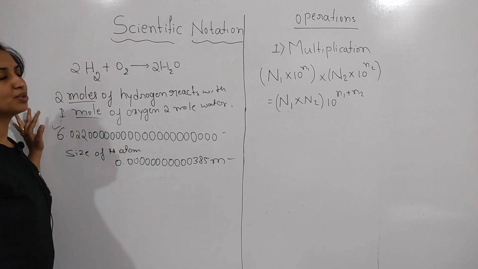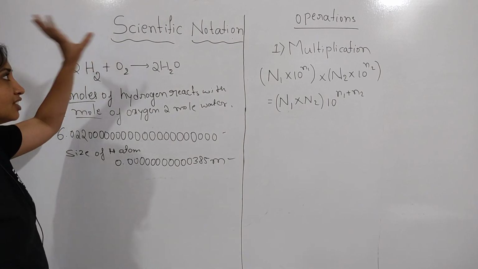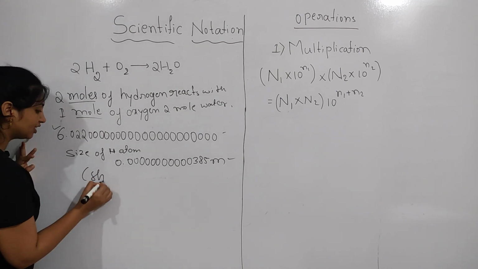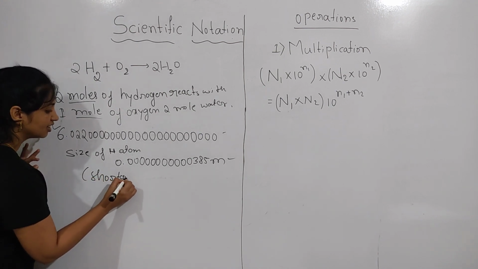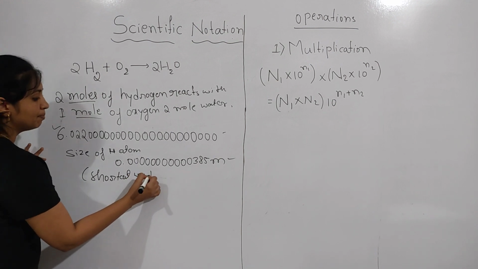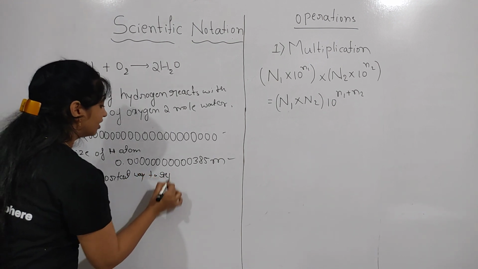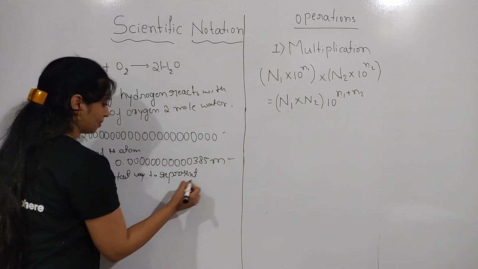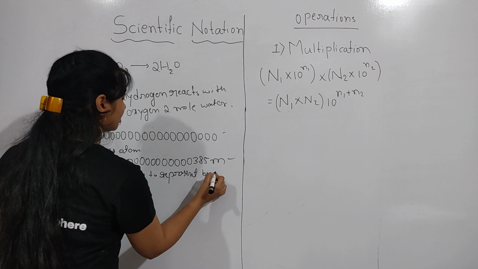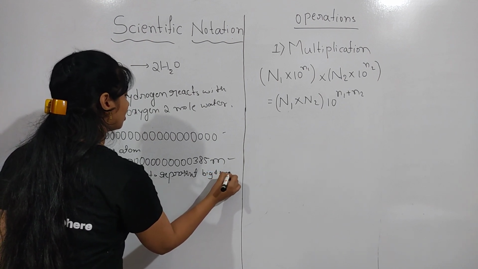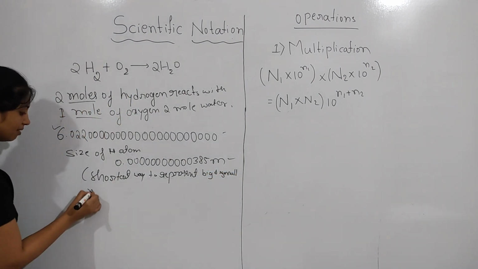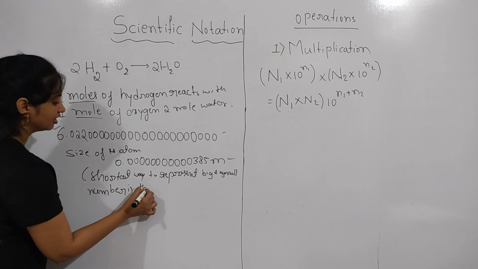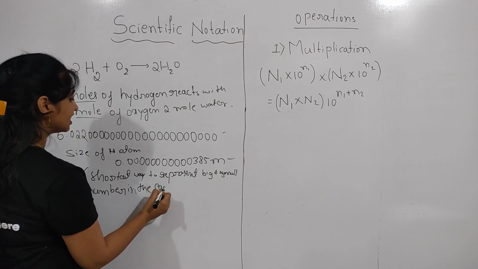Now I wish you got the meaning of scientific notation. Scientific notation is the shortcut way to represent big numbers or small numbers in the easiest way.